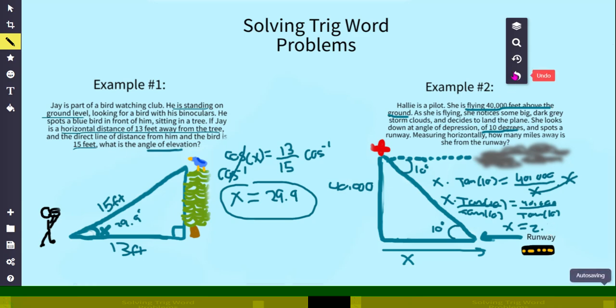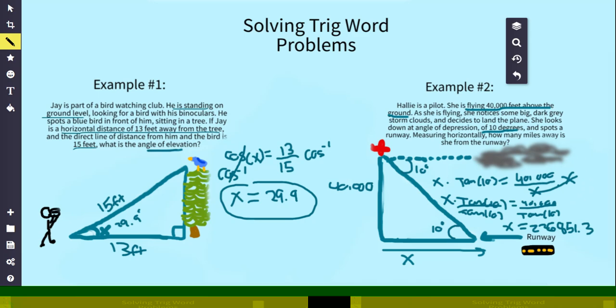So we get 22,685.1, sorry, hold on, let me do this again. 226,851.3. Okay, this is a really long number, and it's because it's in feet.